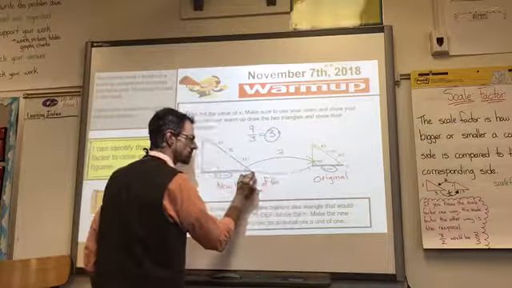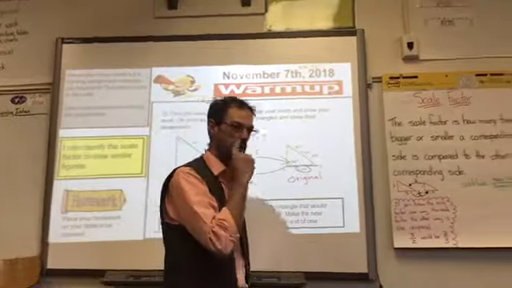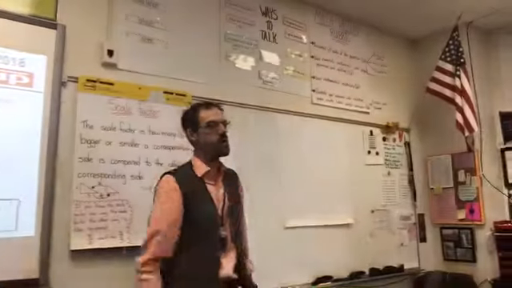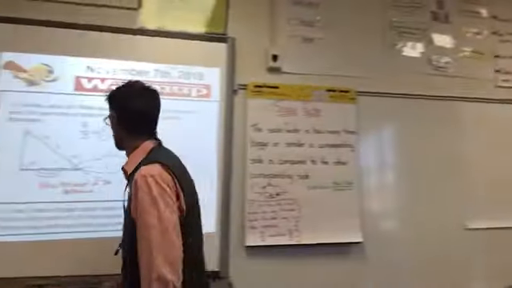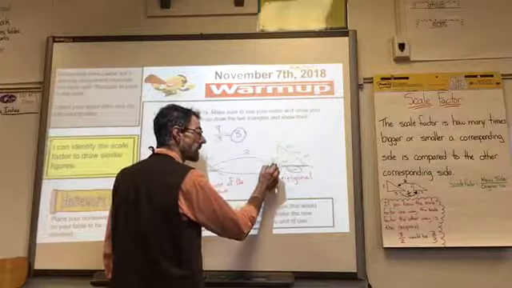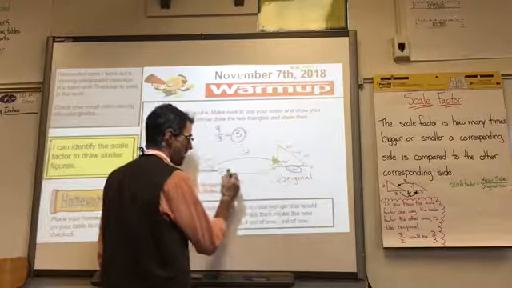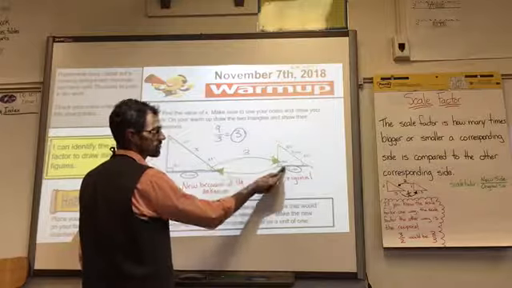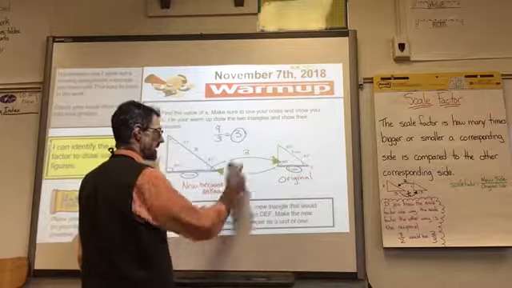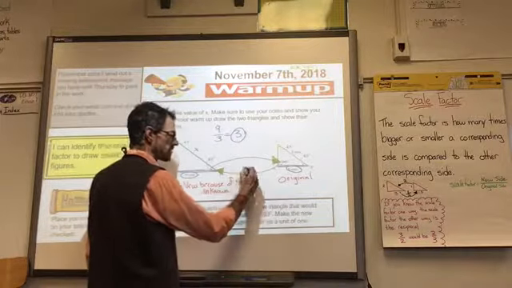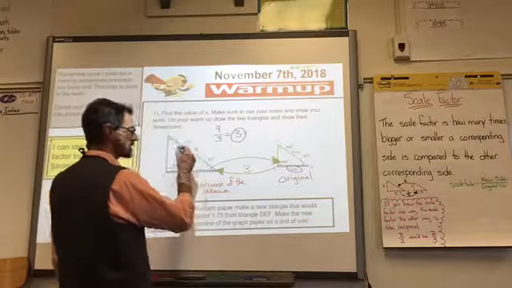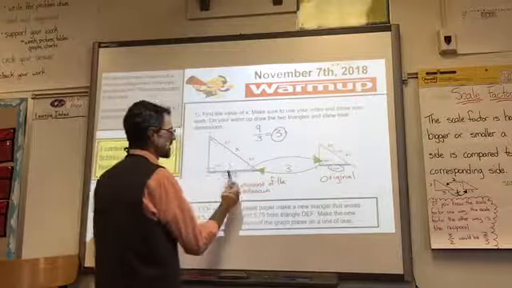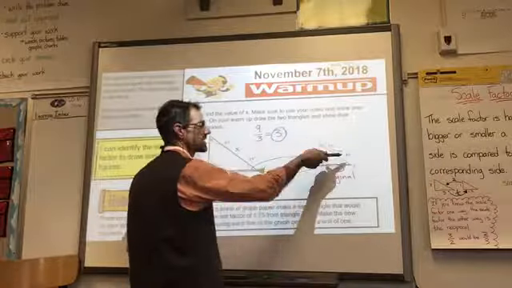What's the scale factor going this way? Connor. No, it's okay. You don't have to, but I'm just testing your knowledge. If it's 3 going this way from ABC to DEF, what's it going that way?